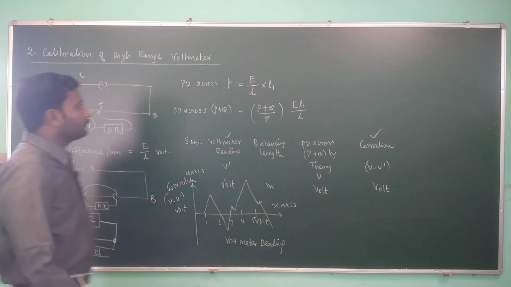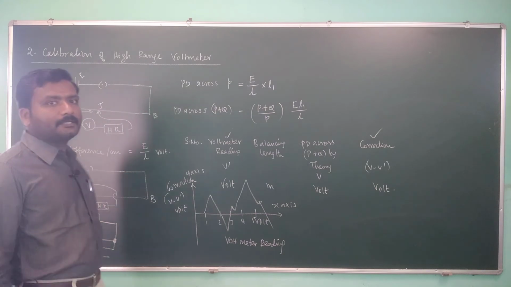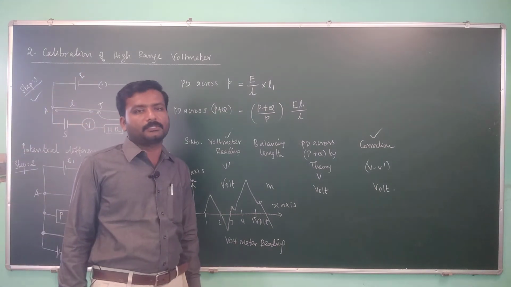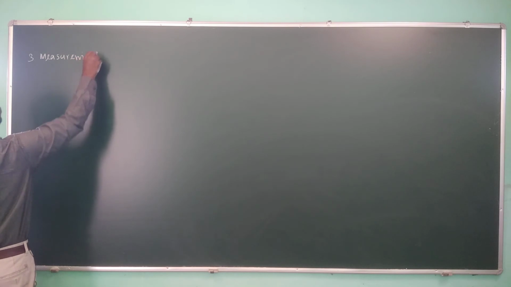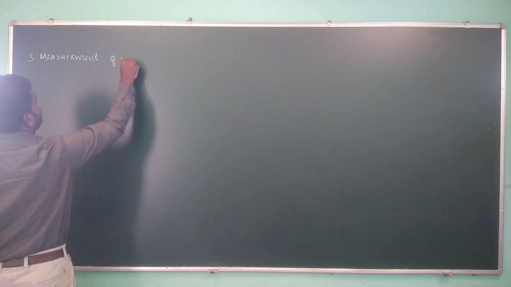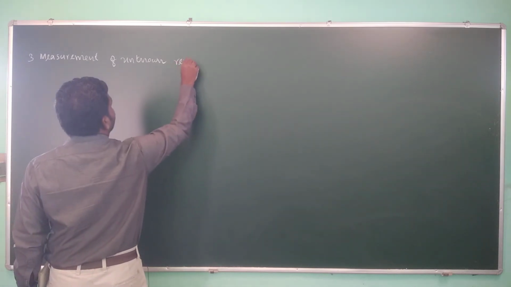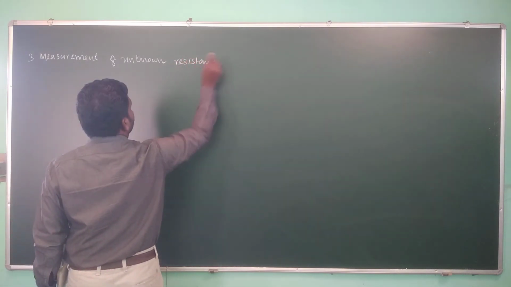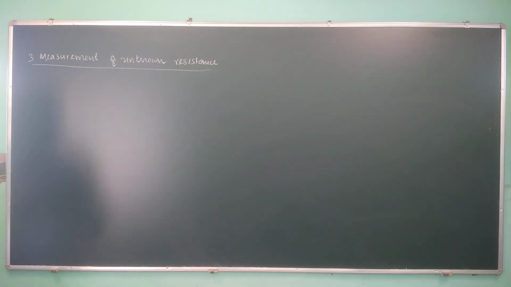And the third part of the lecture today is how to calculate the value of an unknown resistance given to us using the potentiometer. The third part is measurement of the value of unknown resistance.